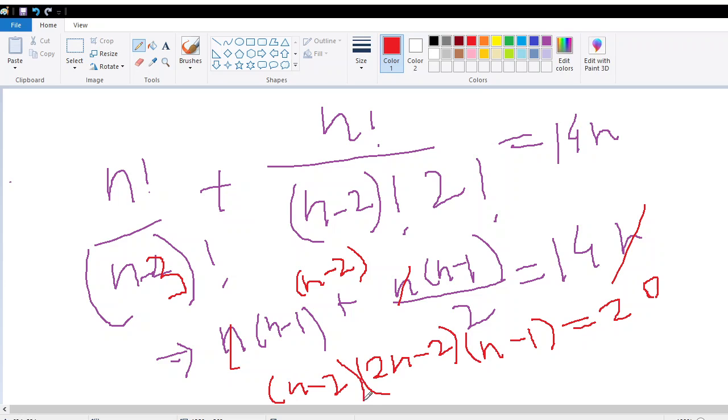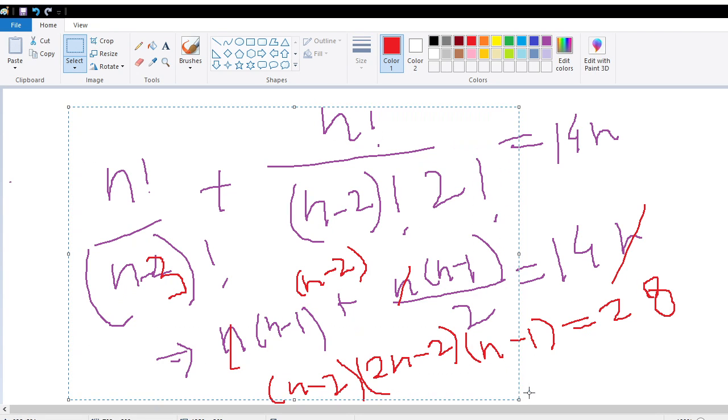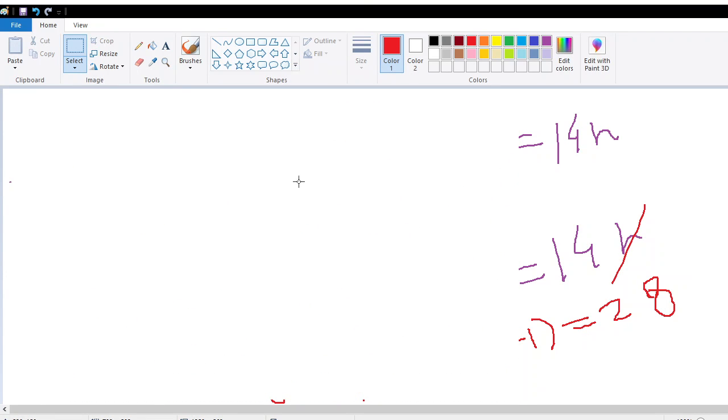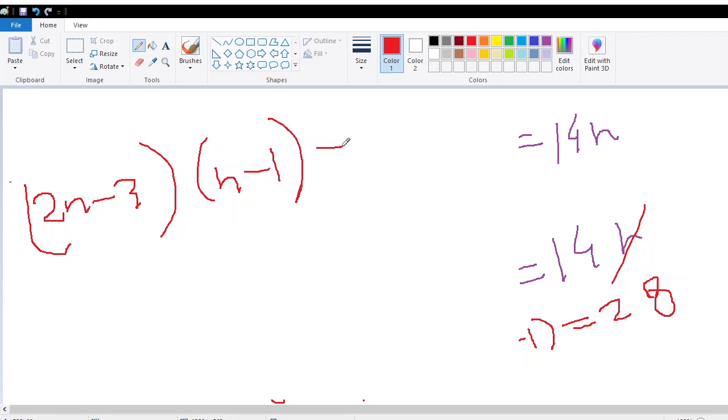After simplification, this is 28, so we will have twice n minus 3 into n minus 1, and this we are giving as 28.